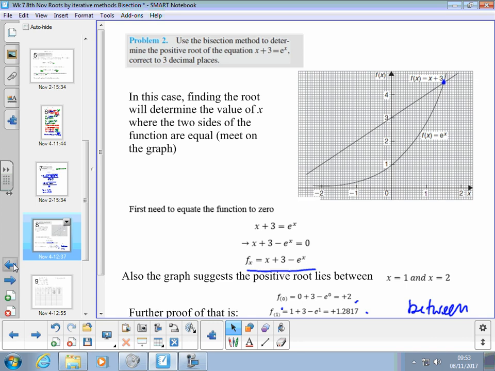So you need for that to be the same twice, to 3 decimal places.